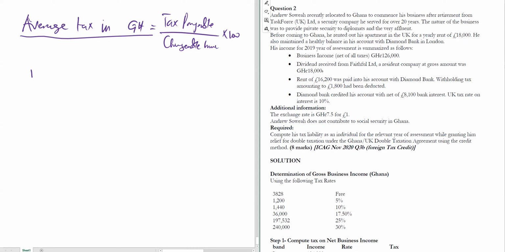So the business income we had was actually net, right? It was net. And how much was it? It was 126,000.